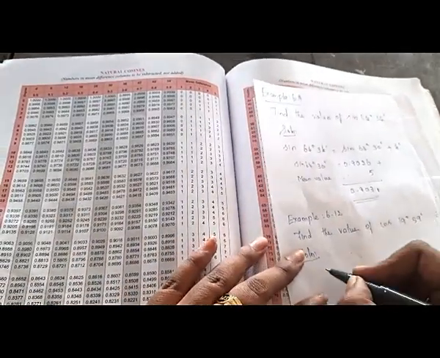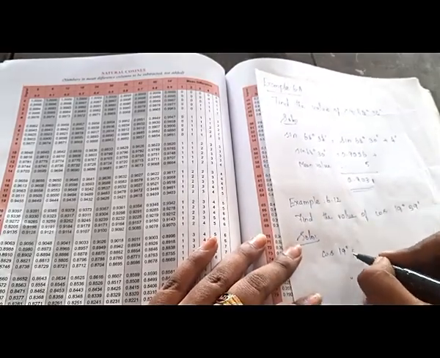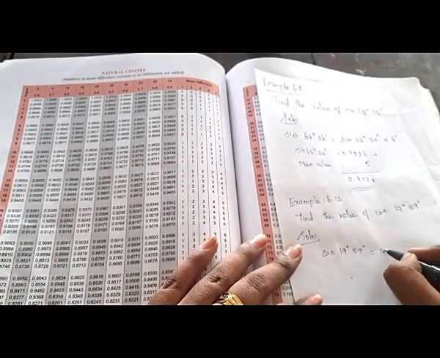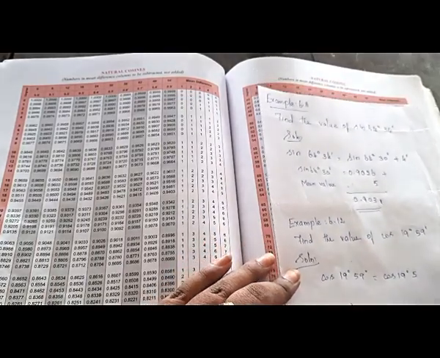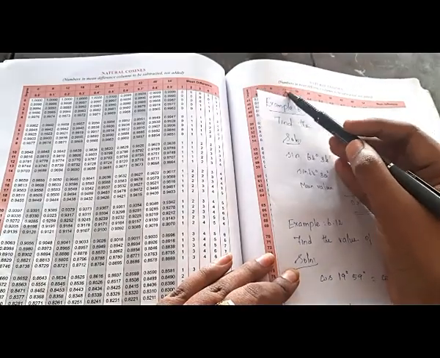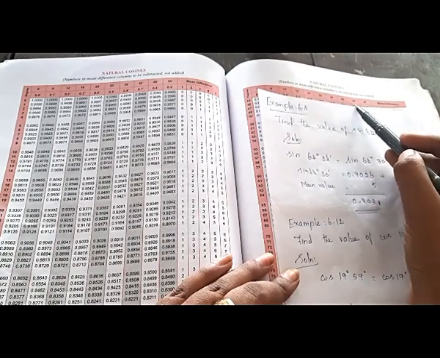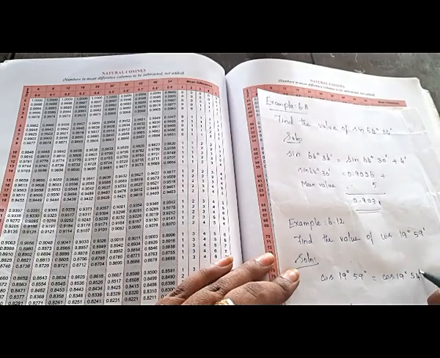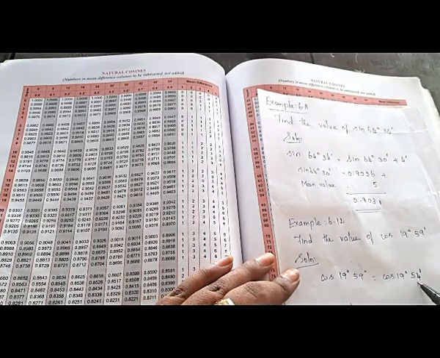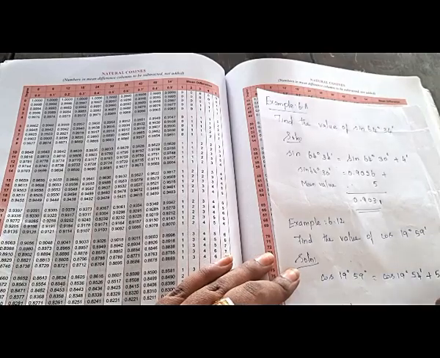So we can split this as cos 19 degree 59 minutes equal to cos 19 degree 54 minutes. Look at that table. It is split as 0, 6, 12, 18, 24, 30, 36, 42, 48 up to 54. There is no other value. So write 54. Remaining: when you subtract 59 minus 54, remaining is 5. It is mean value.